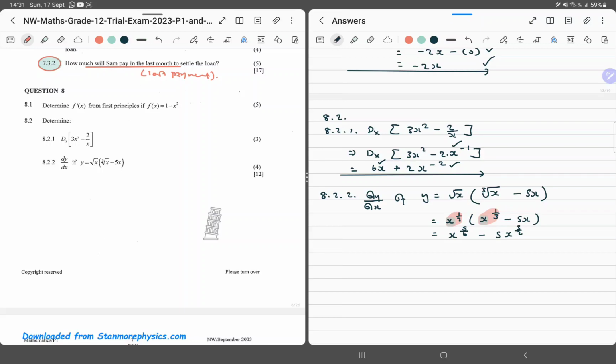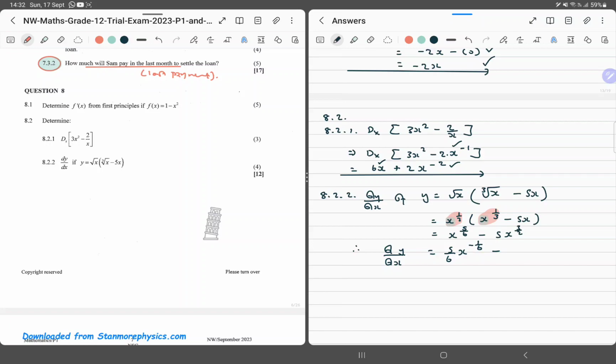So now that we can say therefore dy over dx is going to be, we use the power rule again. So this is going to be 5 over 6 x to the exponent minus 1 over 6, okay?